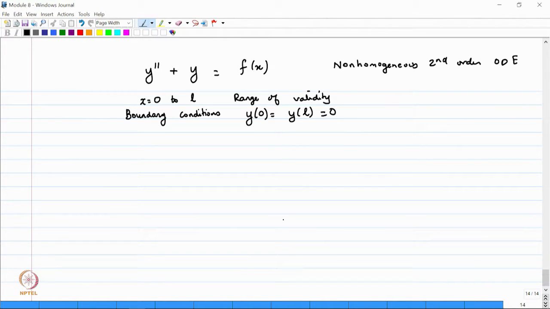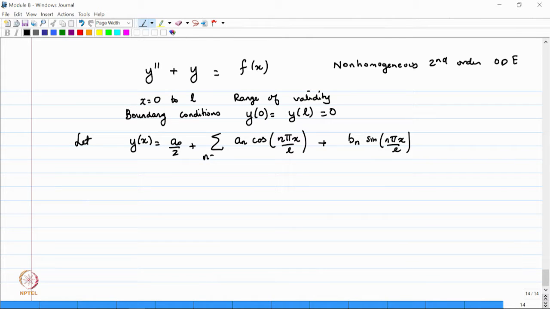Now if you want to solve this by Fourier series, you will write y of x is equal to a 0 by 2 plus sum over n equal to 1 to infinity of a n cosine of n pi x by L plus b n sine of n pi x by L. What we did was first write f of x in this form: whatever function we have on the right hand side, we expand it in a Fourier series.